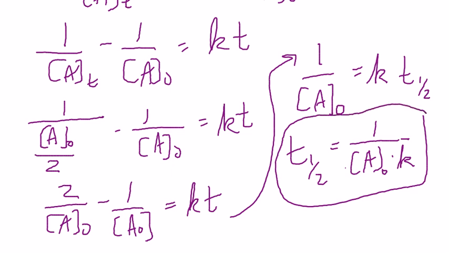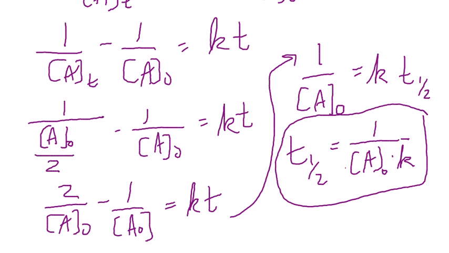So what we just did right here is we derived the half-life equation for a second order reaction. We simply plugged in A naught divided by 2 and then consolidated all of the terms.